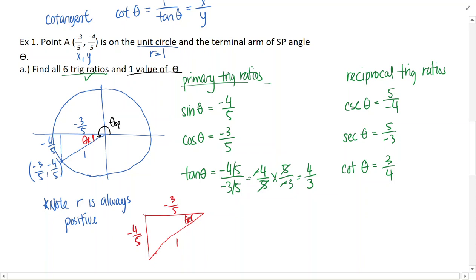To find the reference angle, we have this triangle, but one thing we need to be mindful of is that when we're calculating a reference angle, we need to be dealing with a positive ratio. We could use any of these trig ratios, so I'm just going to pick tan in this case.